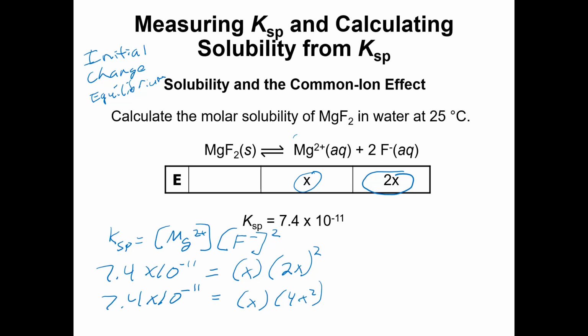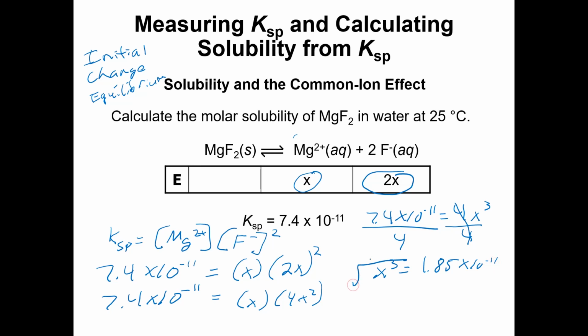Then if we multiply the X times 4X squared, we get 4X cubed. Then we're going to divide both sides by 4. So we get that X cubed is equal to 1.85 times 10 to the negative 11th. And then we can take the cube root of that.